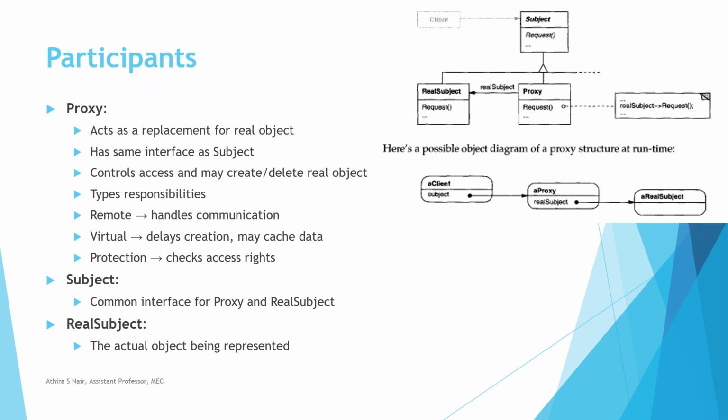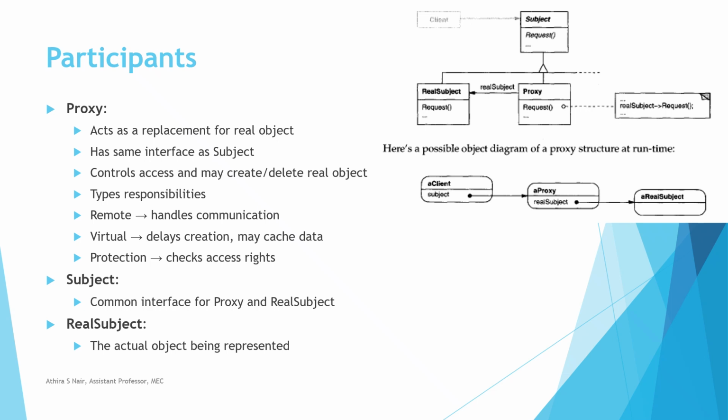That is, remote proxies are responsible for encoding a request and its arguments and sending the request. Virtual proxies may cache additional information and can postpone accessing it. And protection proxies check that the caller has the access permissions.